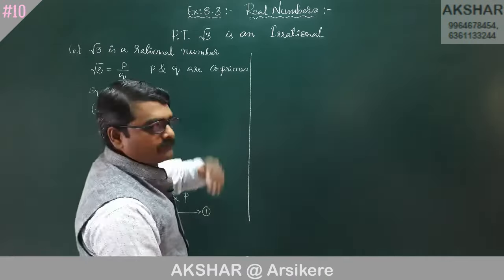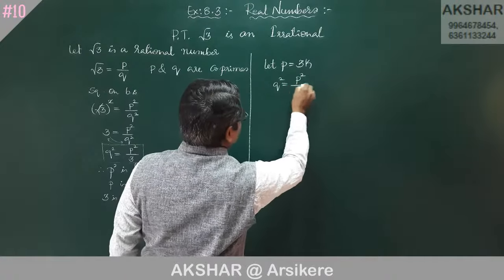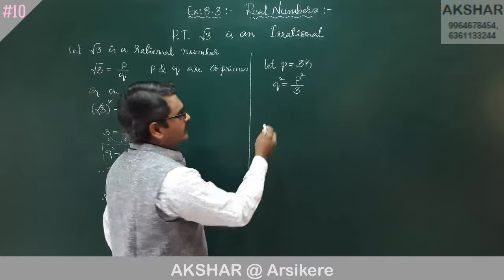It means p square and p are multiples of 3. Clear? Multiple of 3, k is the constant, 3 into k, that is a multiple, right? Yes, substitute p equal to 3k in this equation.